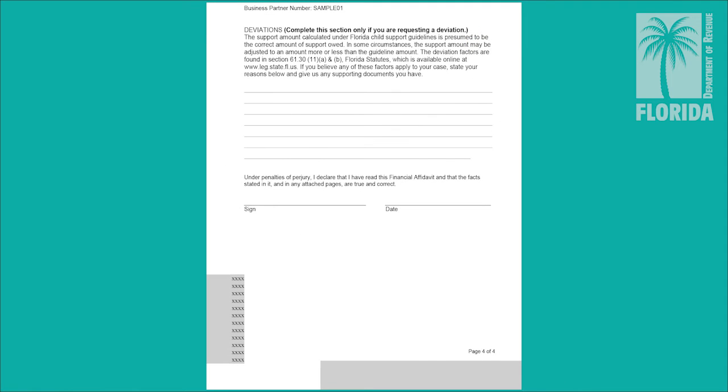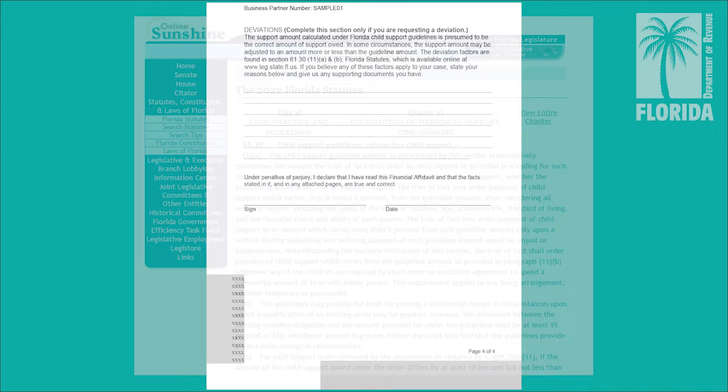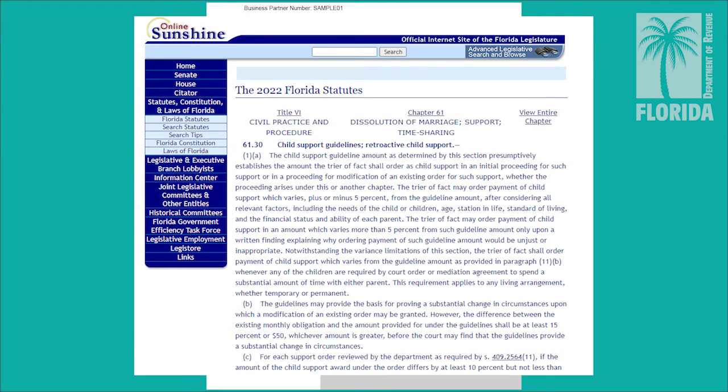You're almost done! Before you complete the last section called Deviations, let's take a moment to understand how the Child Support Program will use the information you have provided on this form to calculate your support amount. The Florida Statutes, Section 61.30 FS, describe the guidelines that must be followed for calculating child support obligations.